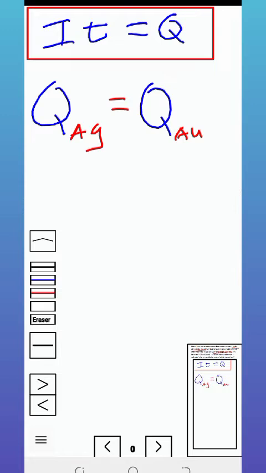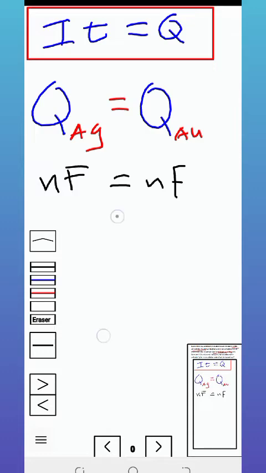Q is equal to N multiplied by F, N meaning the number of moles and F meaning Faraday's constant. This N is not necessarily the number of moles of Au or Ag, but the number of moles of electrons.